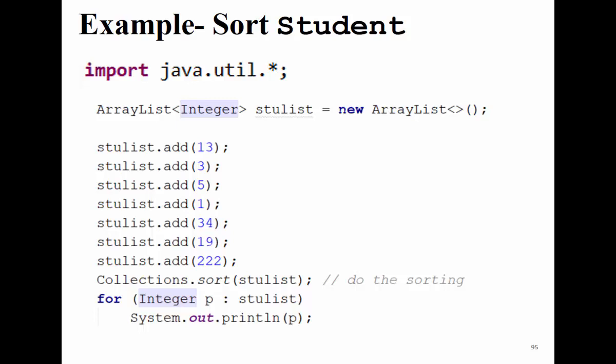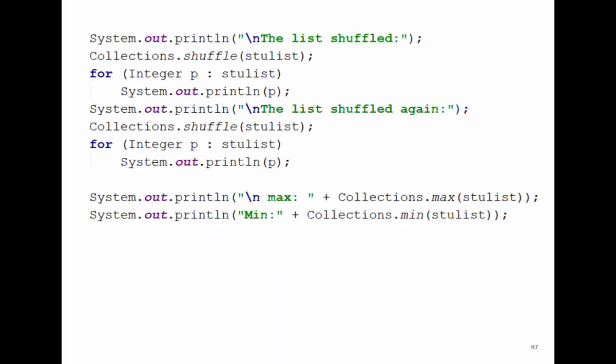Because I didn't implement the Comparable interface, which allows me to sort the persons in a certain order. Here, I know the integer data type, an object data type, is already created for us, and the sorting will be in ascending order. If I define a string, I can sort the strings based on their alphabetic order.